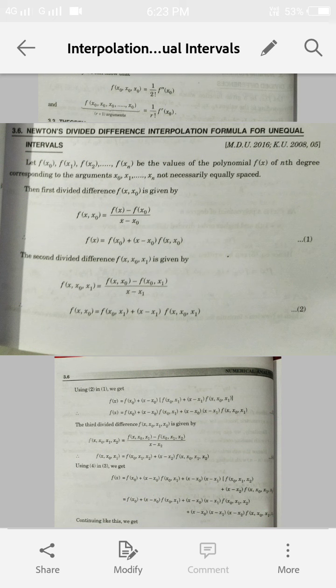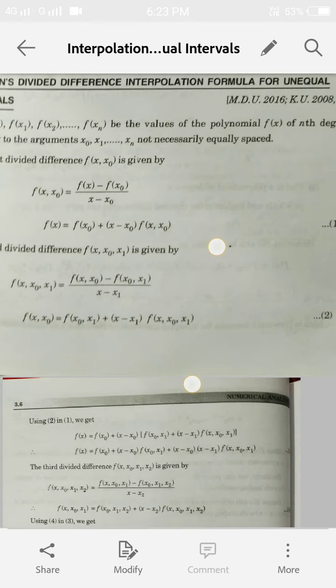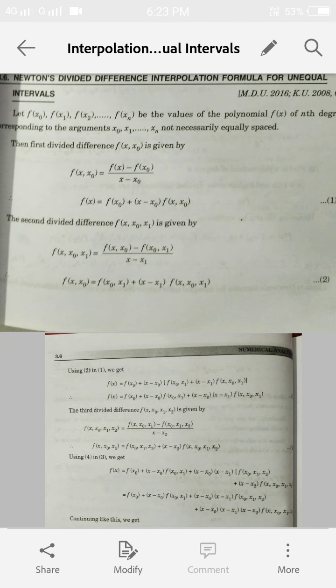Now we will find second divided difference over x, x0 and x1, and we know that second order divided difference is the difference of first order divided difference. In the same way as we have done in equation 1, we find the value of f of x, x0 and we write it as equation 2.